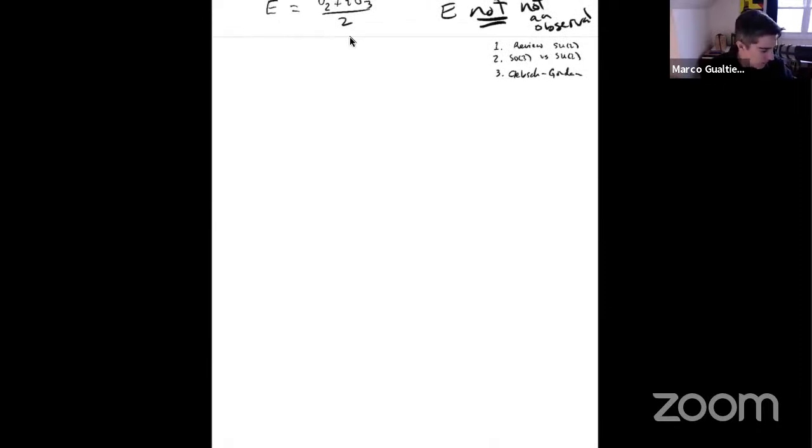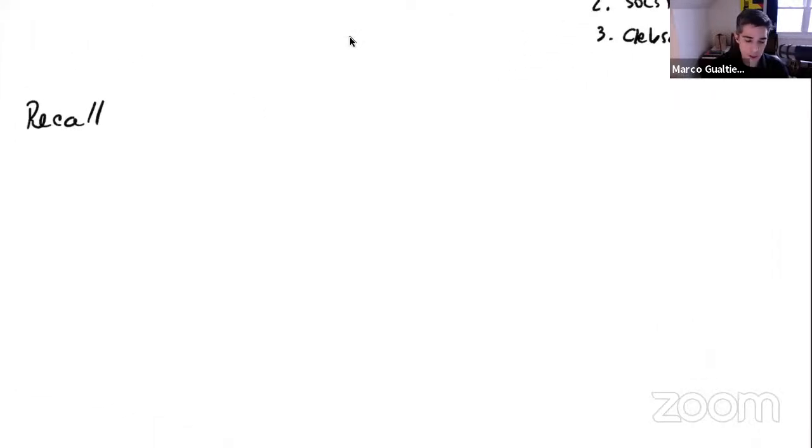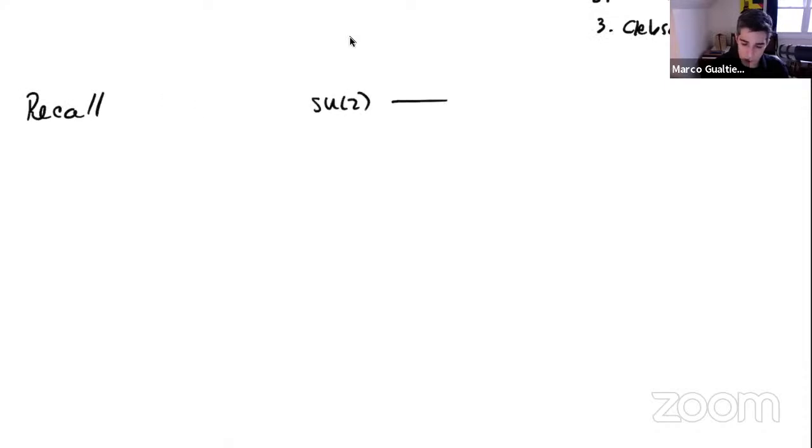All right. So I just want to recall the relationship between SU2 and SO3. SU2 has a group homomorphism to SO3, which is surjective but not injective, because we have a ±1 subgroup of SU2 which is the kernel.